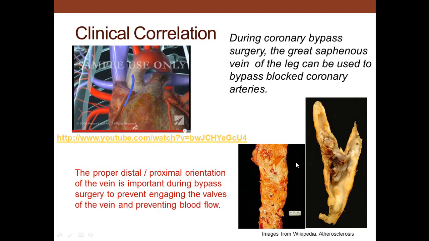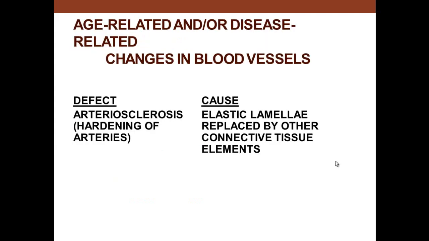So here we see arteriosclerosis, which is the blockage of the lumen because the intima has swollen. Age-related disease changes, arteriosclerosis, is really the hardening of the arteries. That is, the elastic lamina is replaced by connective tissue, so no longer can it stretch.